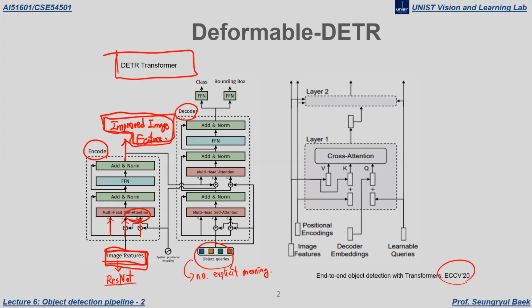In NLP, when the transformer is applied to the translation task, these object queries are some other language sequence, right?